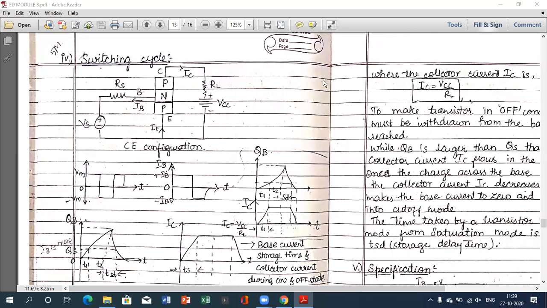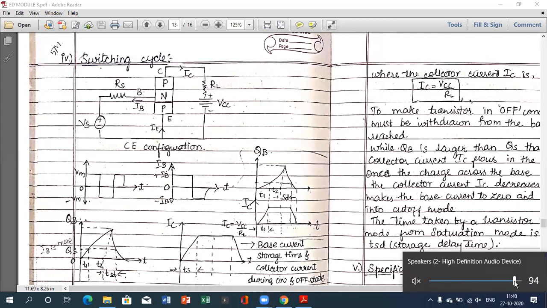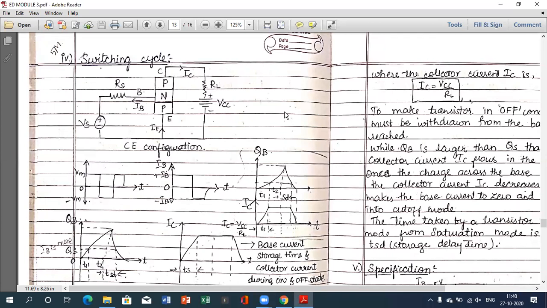Now look at the circuit diagram here. The circuit consists of one PNP transistor, and in this PNP transistor we have used two resistors, one is RS and another is RL.